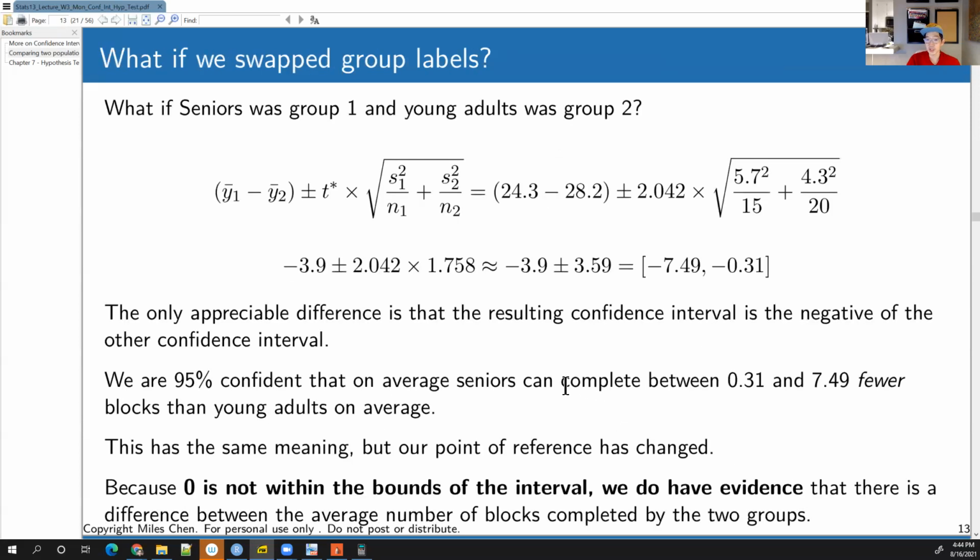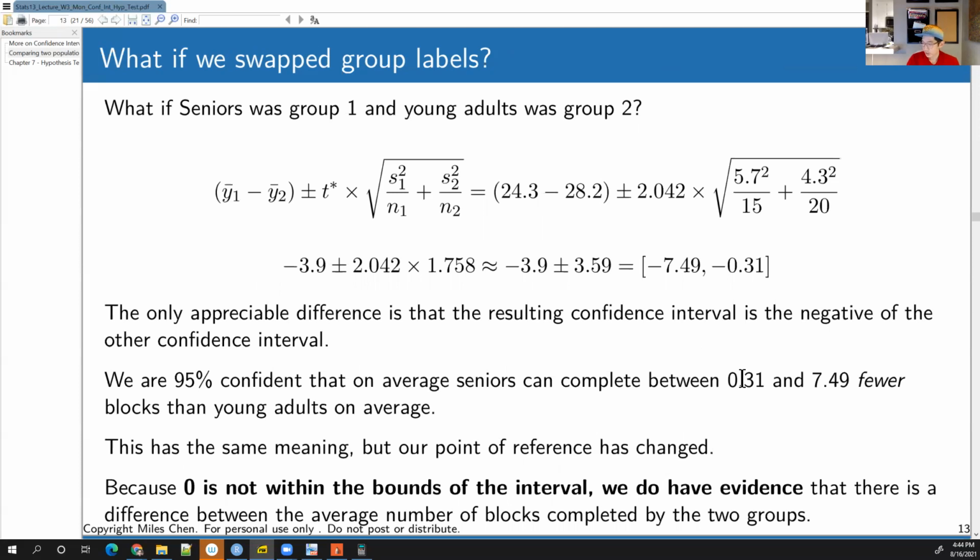And over here we're saying seniors can complete between this and this fewer than the young adults. So it's the same thing, right? We're saying group 1 is bigger than group 2, or group 2 is smaller than group 1. Same answer, maybe the point of reference has changed.